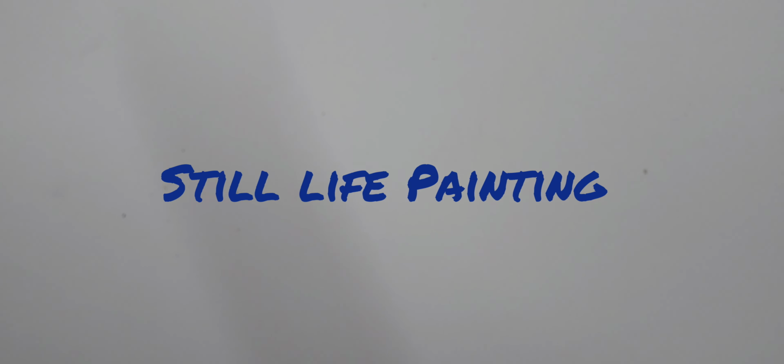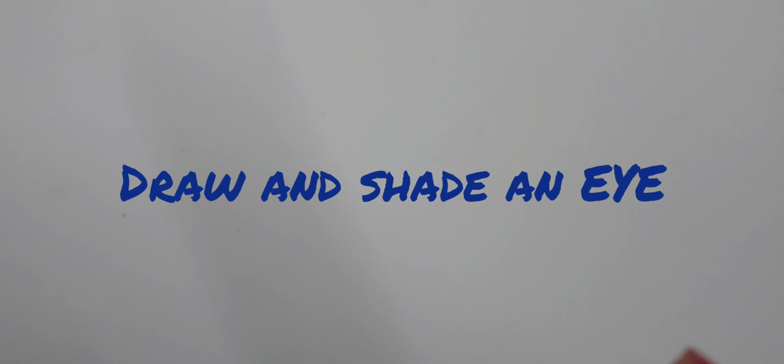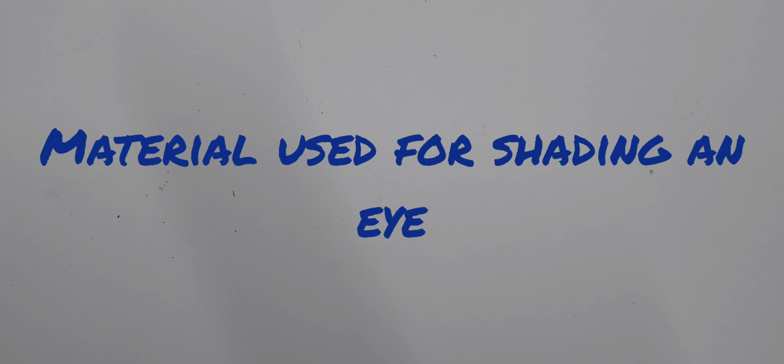Okay, so let's learn to make an eye. How to shade an eye, how we can make an eye with the basic study. I will be taking you through this, and before that let me tell you the material we are going to use for shading. Definitely we use shading pencils.